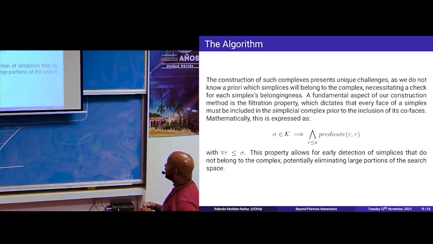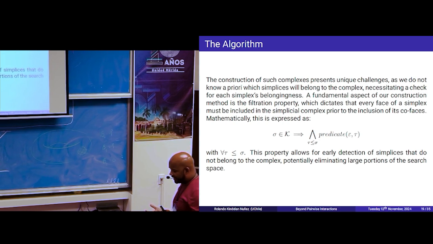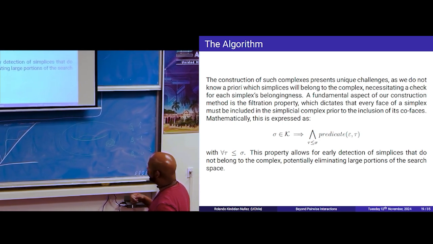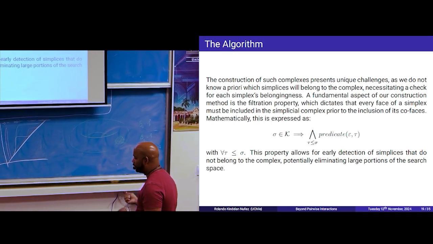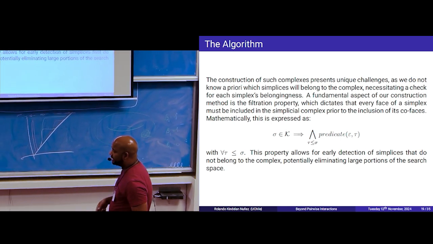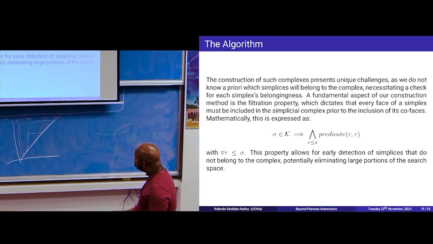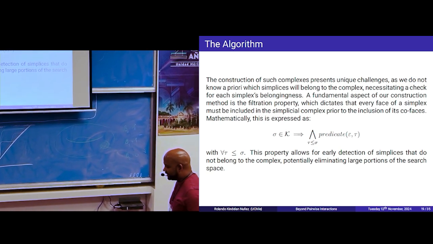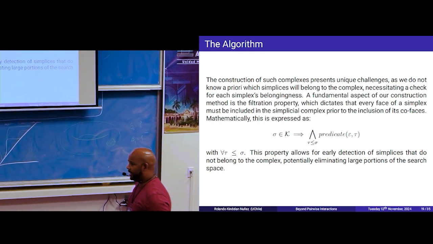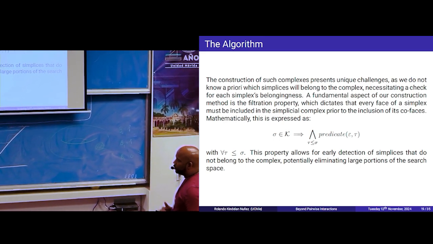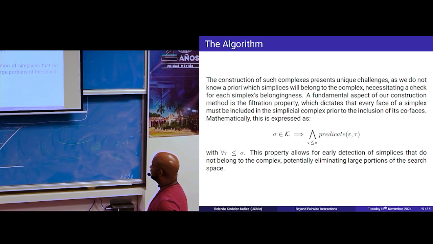Basically, when you want to construct a complex, you only need to guarantee that any simplex that you want to include has all its faces already included in the complex, and also that the simplex itself makes the predicate that you choose equal to true or to 1.